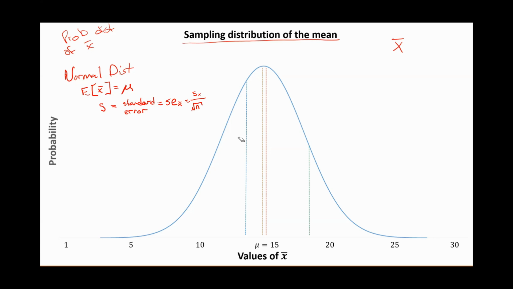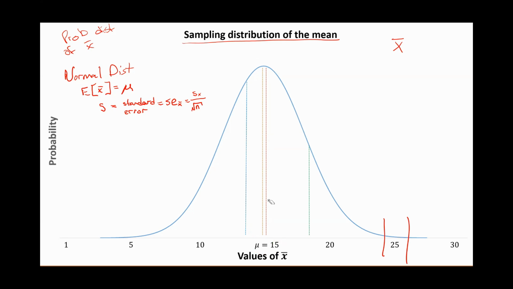So now, when we realize that the sampling distribution of the mean follows a normal distribution, there are a couple of things that we should be able to observe. One thing we would observe is that it is much more likely for our sample mean to be near the population mean than it is for it to be far away.